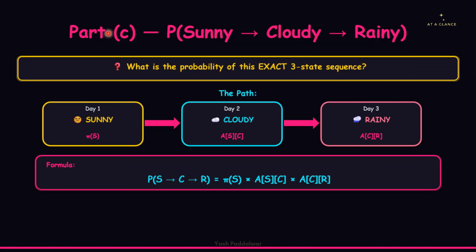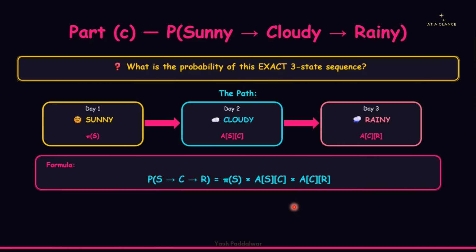Now let's have a look at part C, where we need to find out the probability of this particular sequence: sunny to cloudy and then cloudy to rainy. Okay, so this is a 3-state sequence. The path goes like this: from sunny to cloudy and from cloudy to rainy.